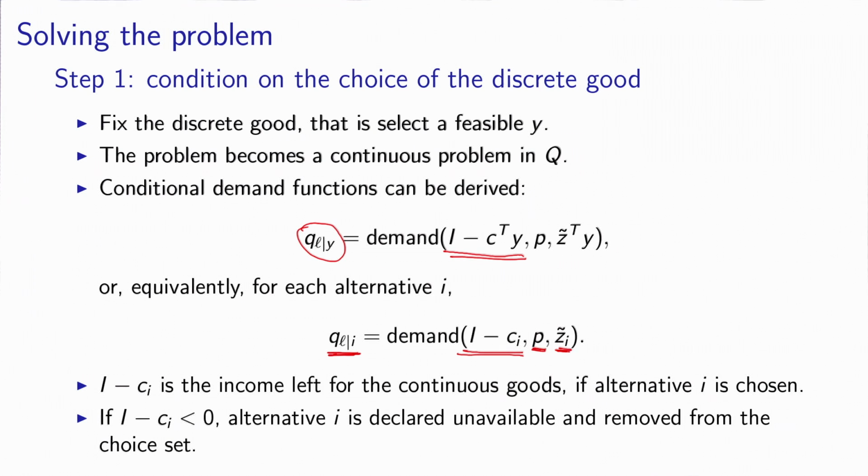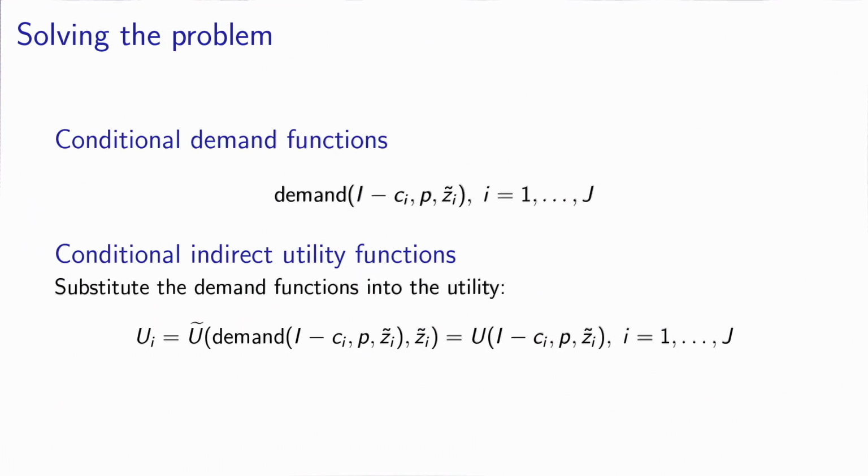If it is negative, it means that you cannot afford to buy alternative I. In this case, this alternative will be declared unavailable because it's too expensive for your budget and will be removed from the choice set. So we have this conditional demand function.